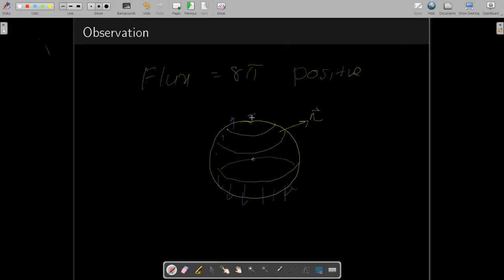So going out in the same direction as the normal vector, we interpret this as a flux going out. You can see this as an energy flow out of the surface.